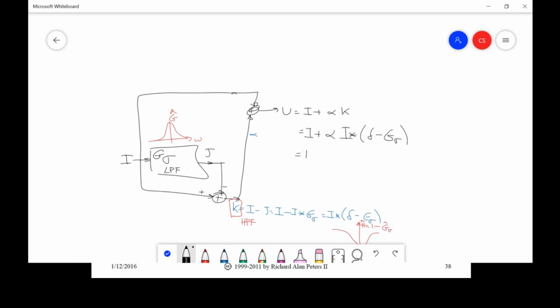And then we have I times 1 plus alpha, those two terms, minus alpha times I convolved with G sigma.